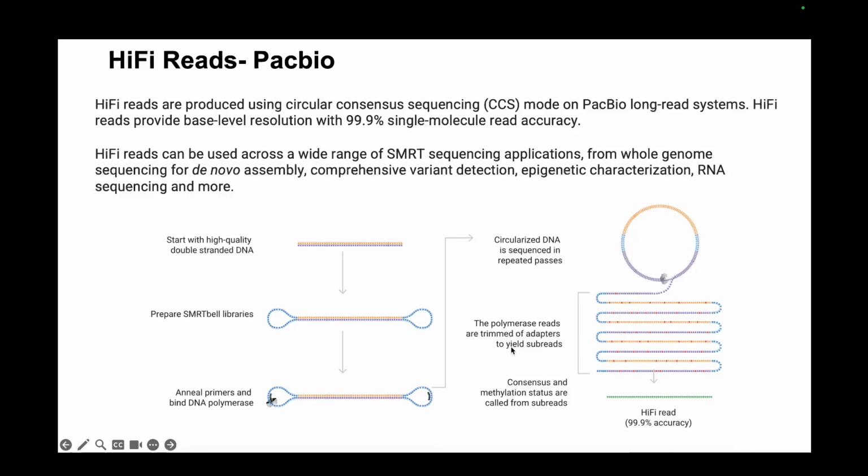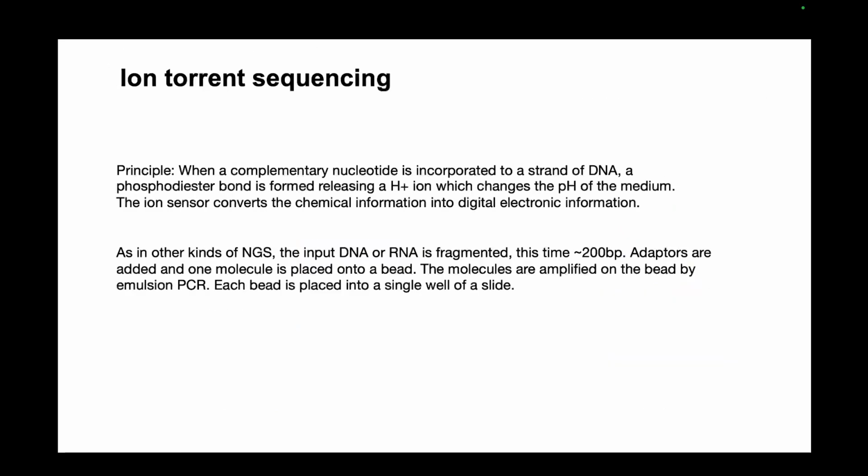The polymerase reads are trimmed of adapters to yield subreads. Consensus and methylation status are called from subreads as well. So this is how you get these high fidelity reads, which are actually pretty accurate, to be fair.